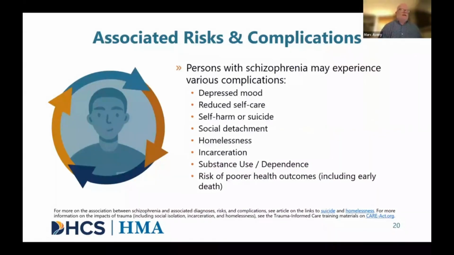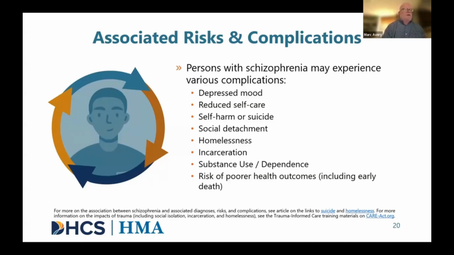So let's look back at Darren again. The complications that he's facing in the vignette that I described are social detachment, reduced self-care, and his recent behavior may put him at risk of legal involvement due to his walking down the streets as he was doing.